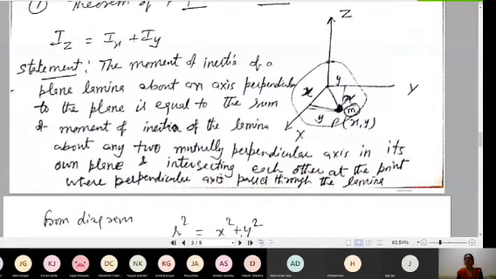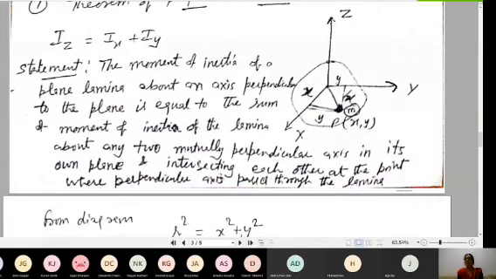From here, if you make this diagram, the XYZ axes can be taken as per your choice. Clear? Now, if I take any particle P here of mass m, and draw the projections on the y-axis and x-axis, I get this distance equal to x, while this distance is equal to y.